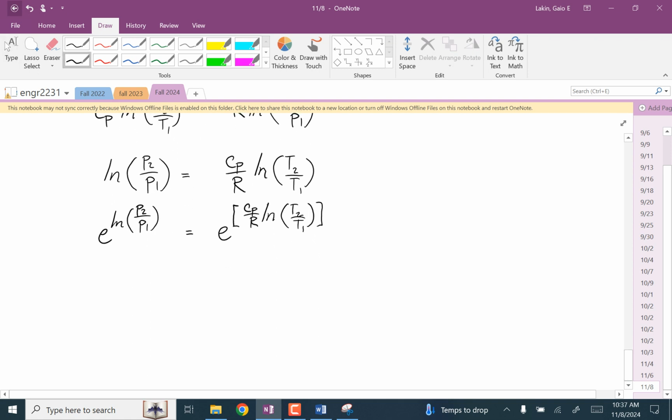And this is just equal to, so e to any natural log is just equal to the argument of the natural log.